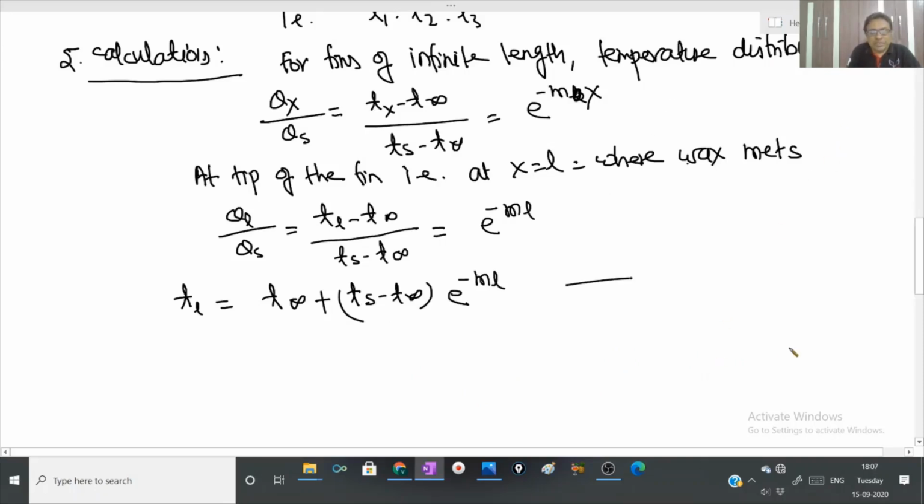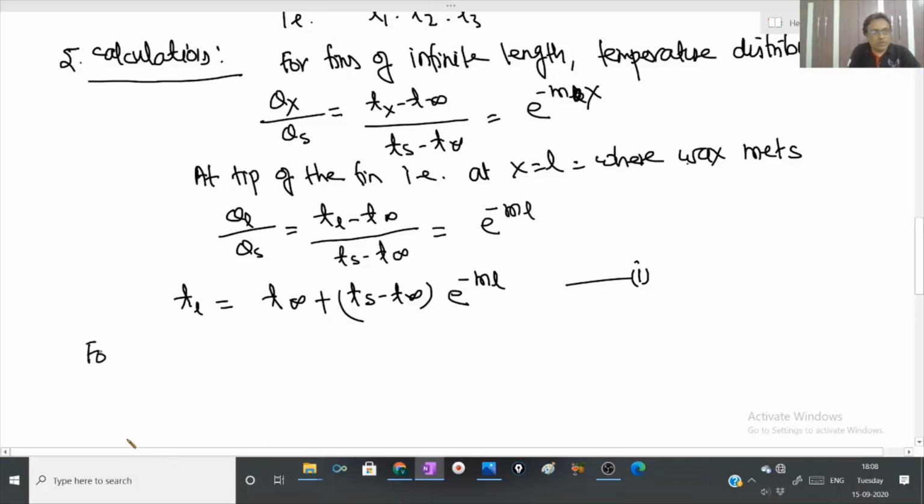Let's say this is equation number 1. Now I can write the expression for the temperature at the point up to which wax will get melted for silver rod, for aluminum rod and for wrought iron rod.